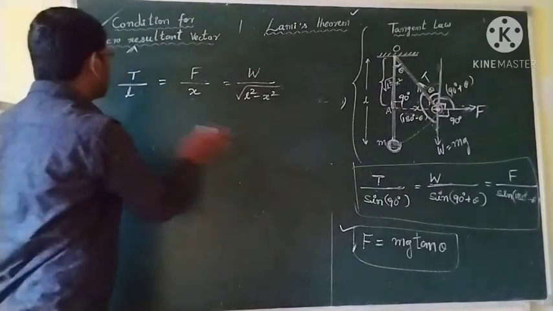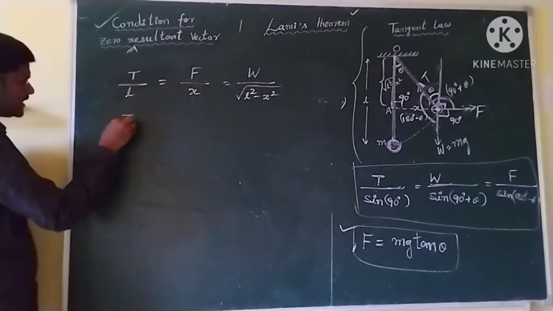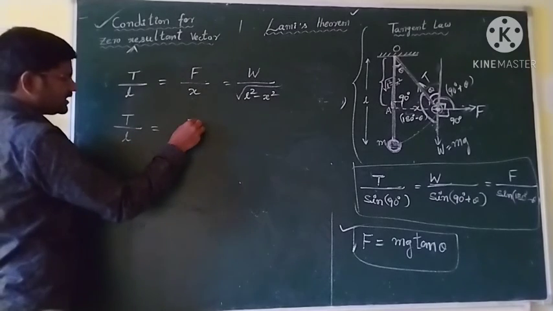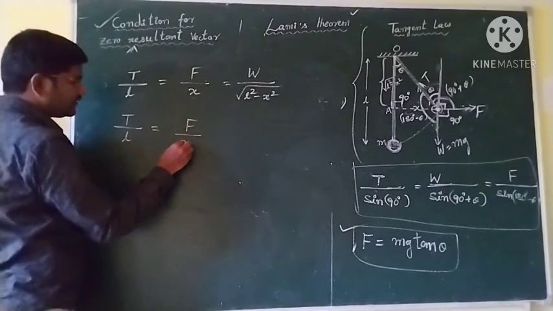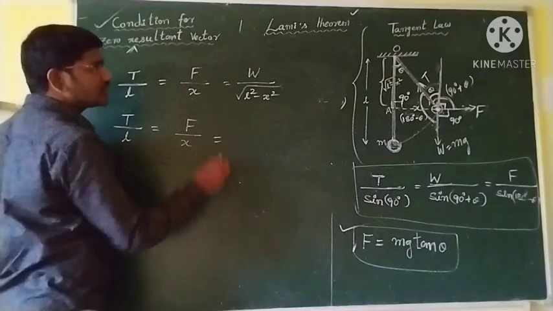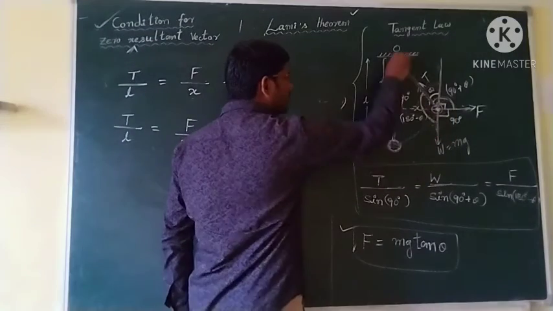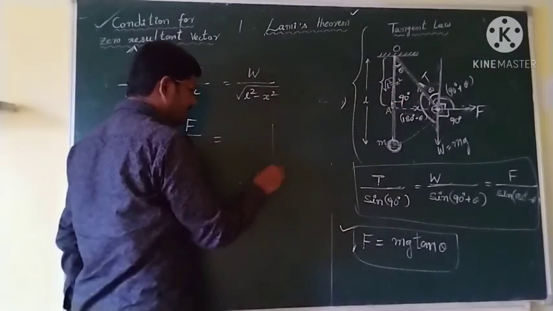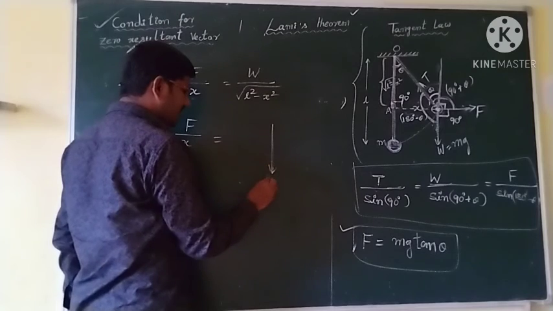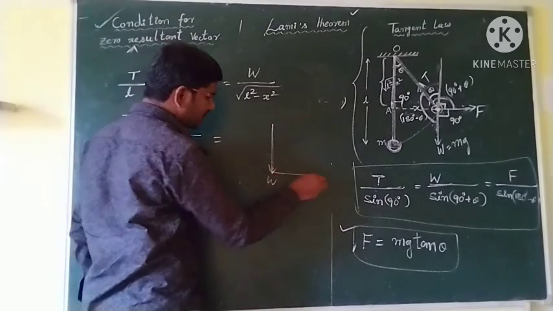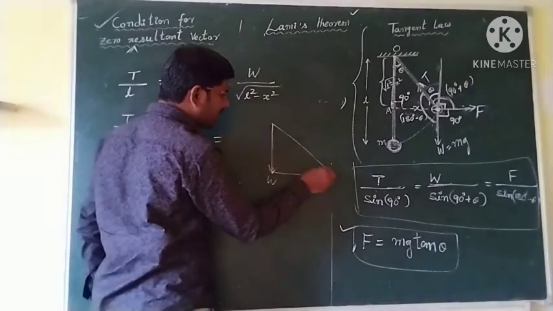W means mg. Tension force is acting along the length of the string, and this is the force acting along one side of the triangle, and its length is x. Okay students. So we can represent the weight like this, and this is the horizontal force, and this is the tension.